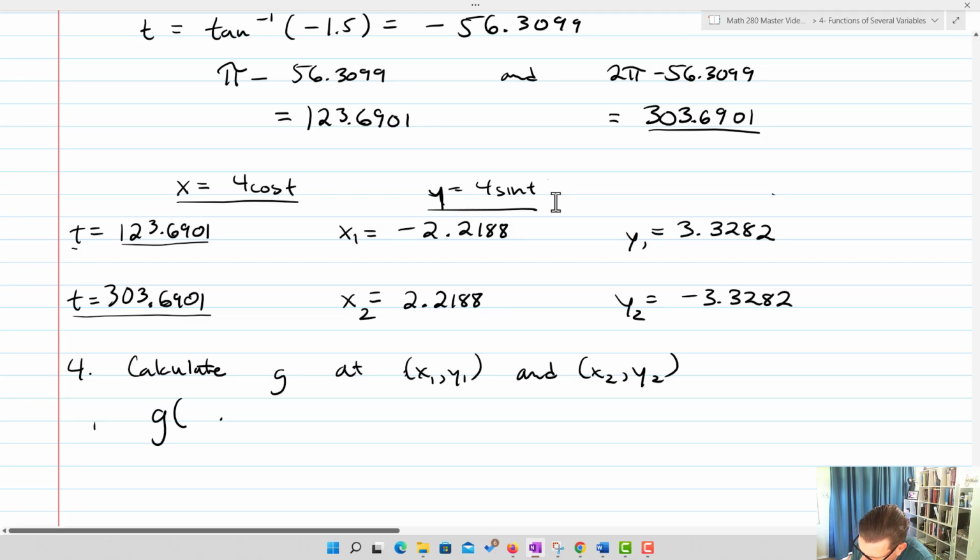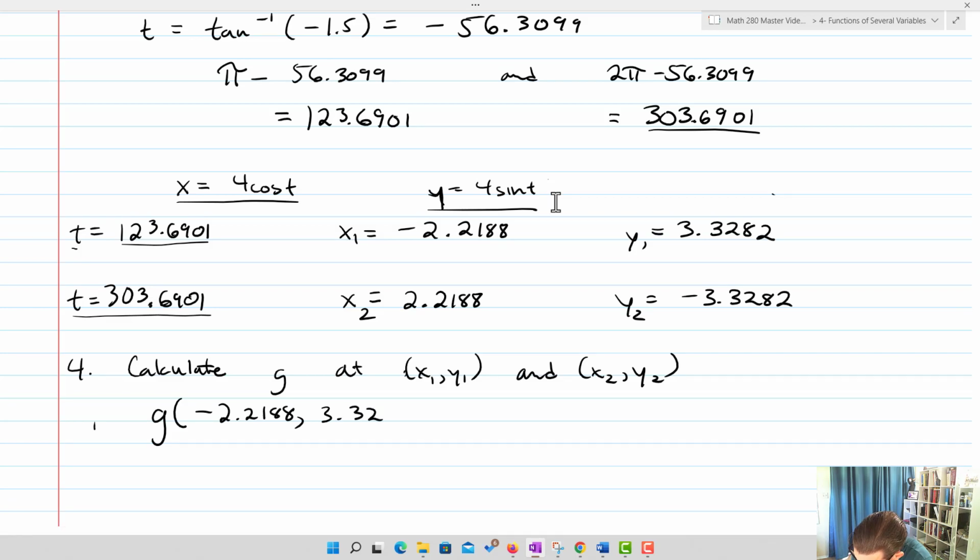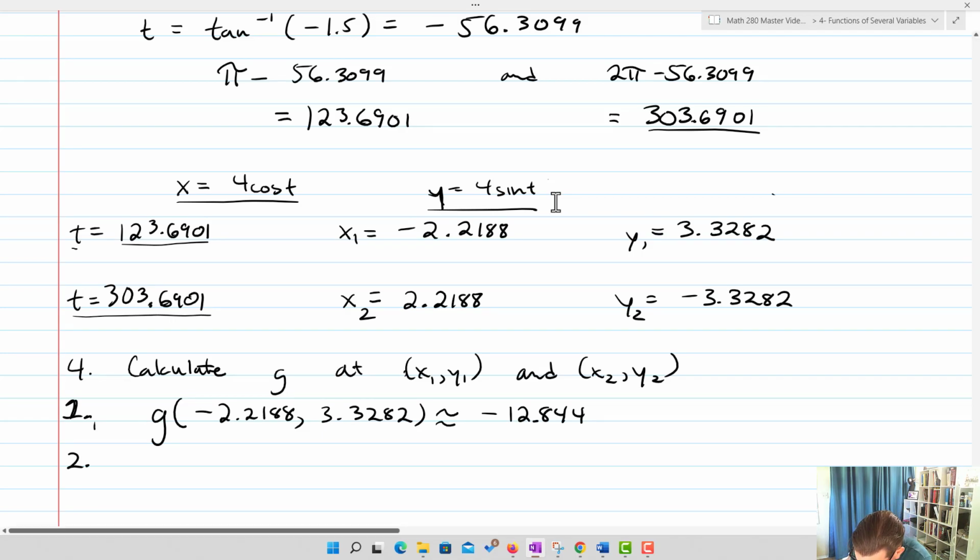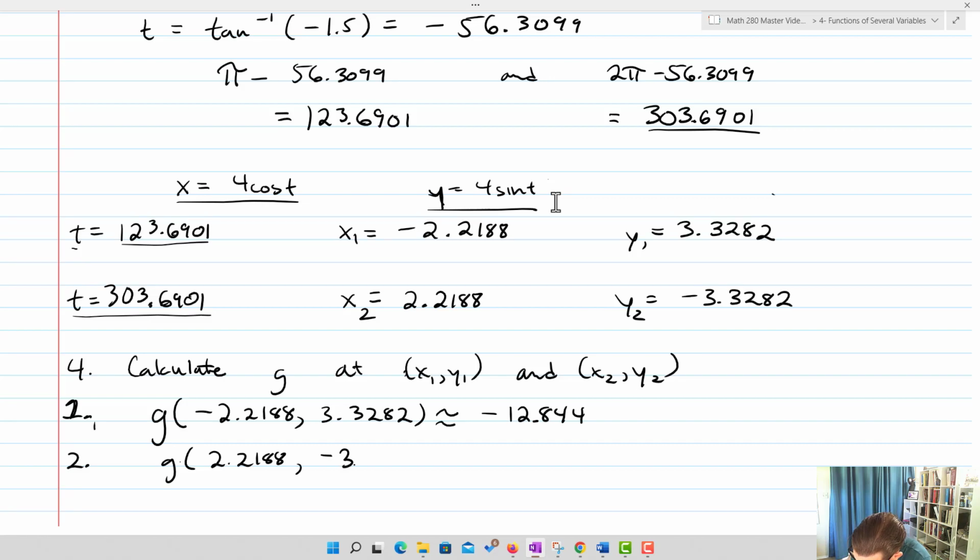So we start out with g of negative 2.2188, comma 3.3282, and we get approximately negative 12.844. So that's our first one. And then for the second here, we're going to take g of now 2.2188, comma negative 3.3282, and that ends up being approximately equal to 44.844.